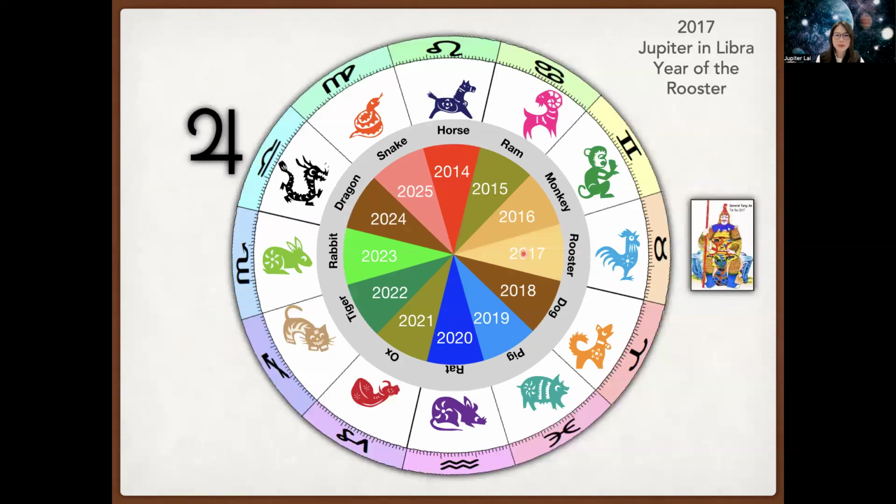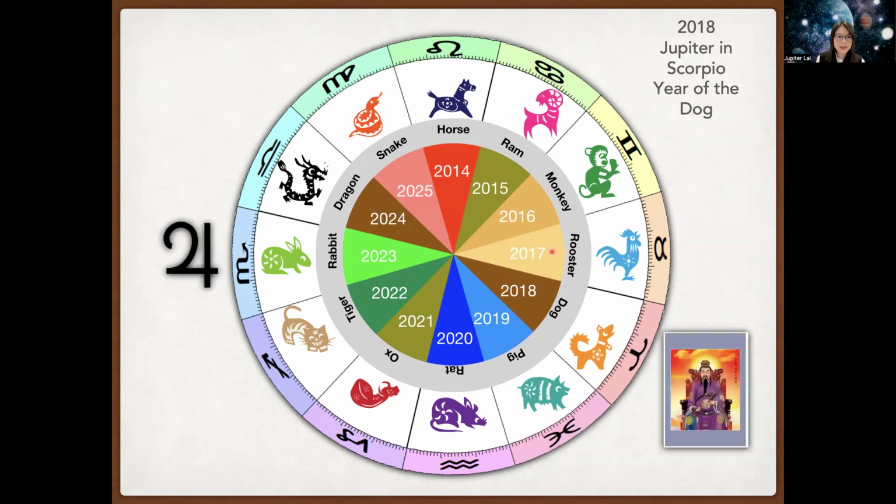So here I want to show you how the actual Jupiter and the commander move each year. So this is 2017, for example, when Jupiter was in Libra. And that year was the year of the rooster because Tai Sui was there. So it's the year of the rooster, which corresponds to Taurus.